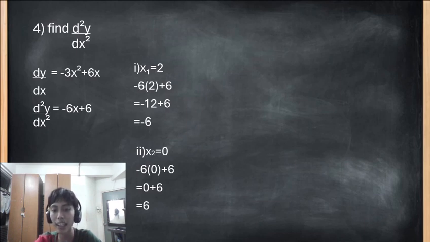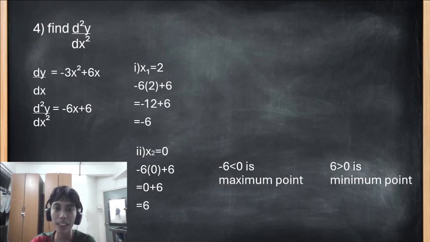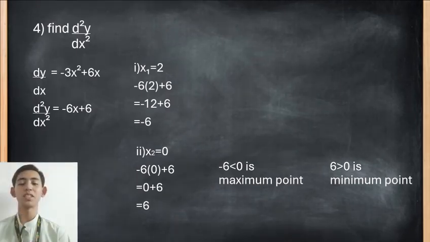So the answer negative 6 smaller than 0 is a maximum point, while the second answer, 6 more than 0, is a minimum point. And there you have the maximum point and minimum point for making a table and a graph. Now I'm going to give it to Shazwan and he will show how to do step 5 and make a graph.